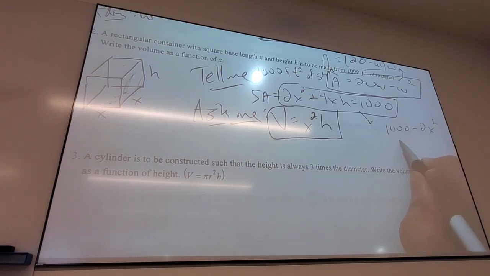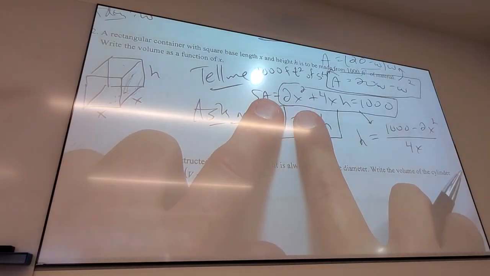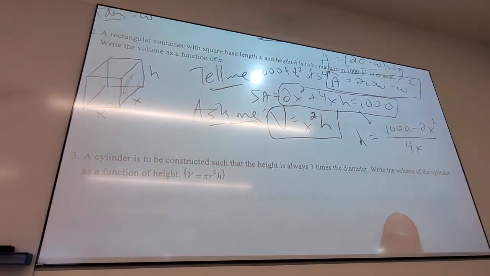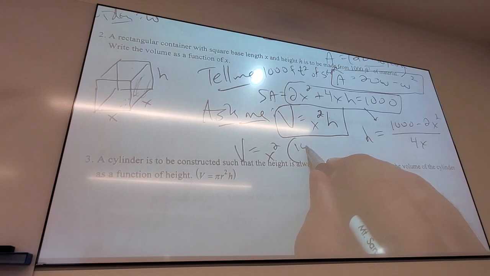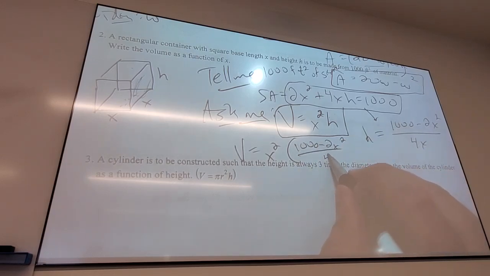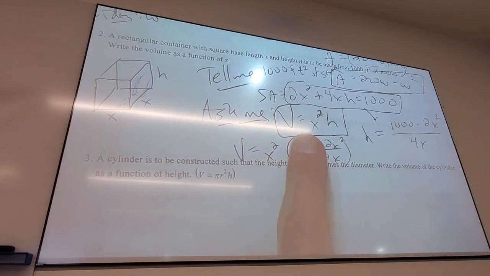Subtract 2x squared, and then divide by 4x. Is that cool? Can you guys see that? And then I just take this and I plug it in for h. And see how stuff cancels and you reduce your numbers? That part I don't care about too much. But now if they ask me to find the maximum volume, what calculus would we do?